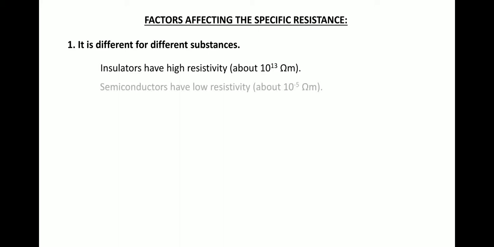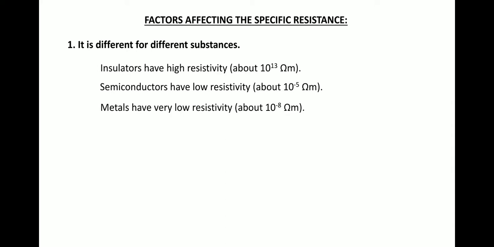If there is a substance which is an insulator, then it will have very high resistivity, about 10 to the power 13 ohm meter. Semiconductors have low resistivity, or specific resistance, about 10 to the power minus 5 ohm meter, and metals have very low resistivity, about 10 to the power minus 8 ohm meter.